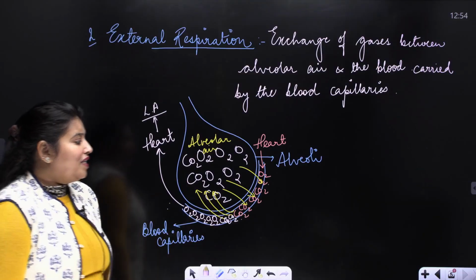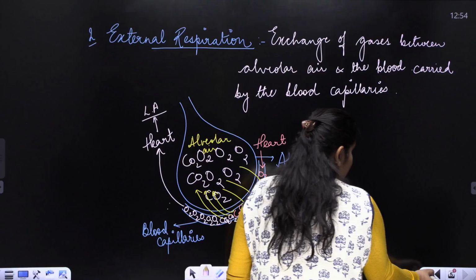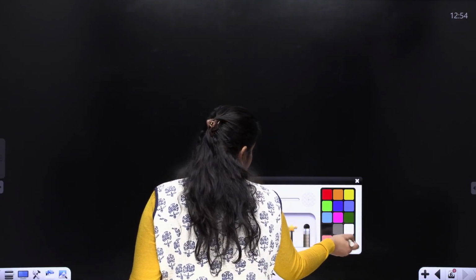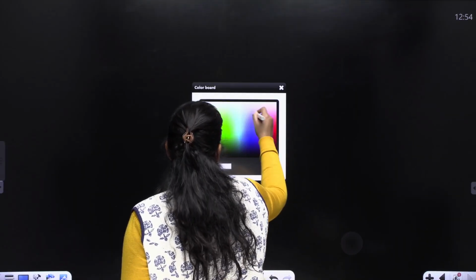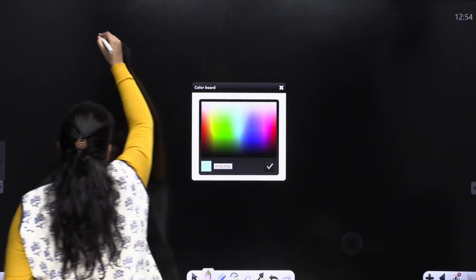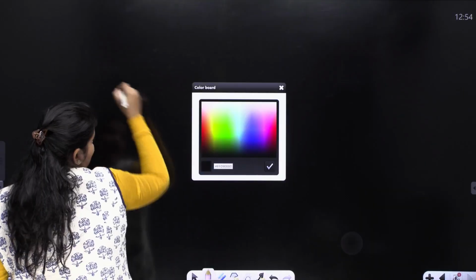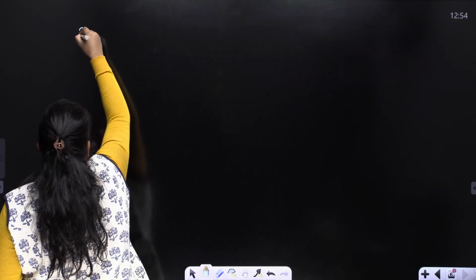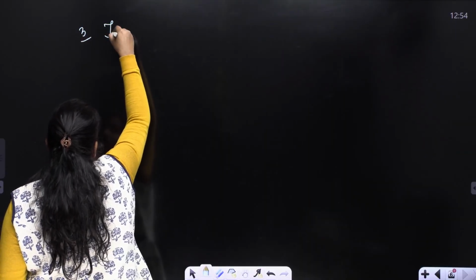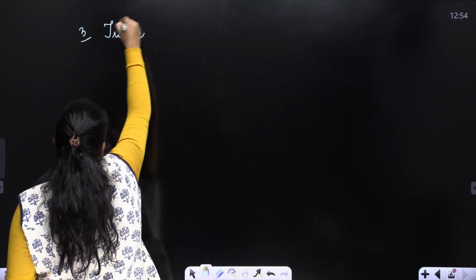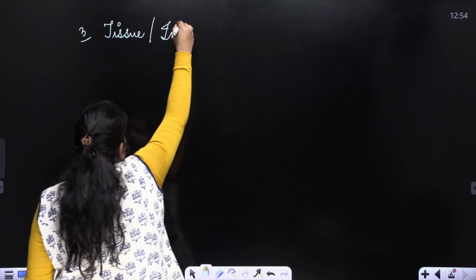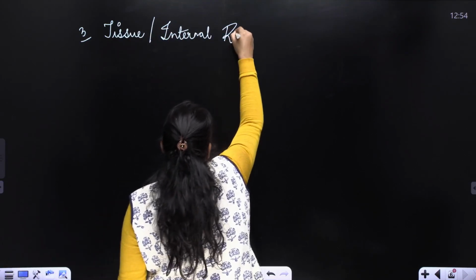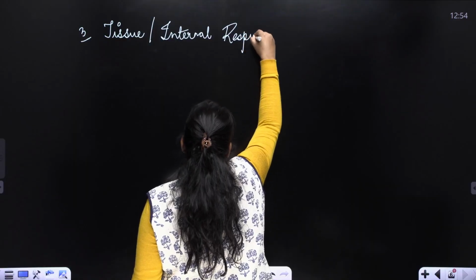All right. Let us move to the third step of respiration, which is the tissue respiration. The third step is tissue or internal respiration.